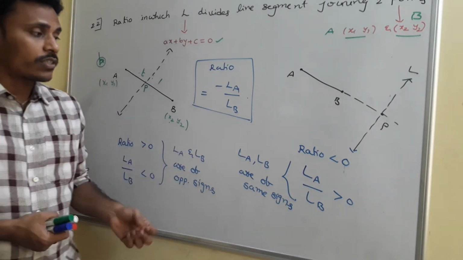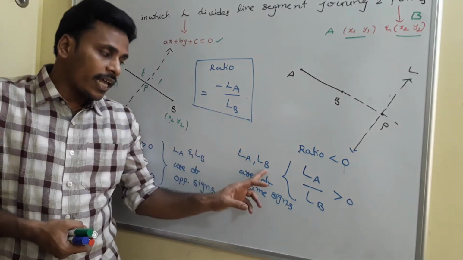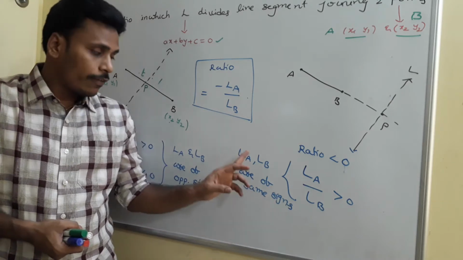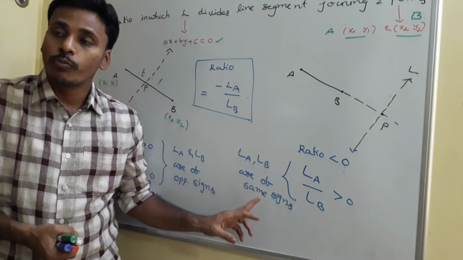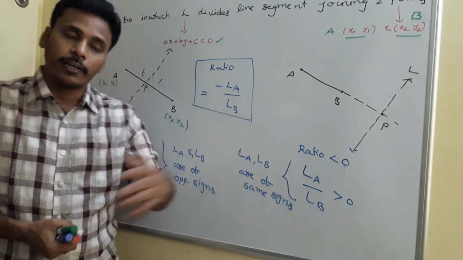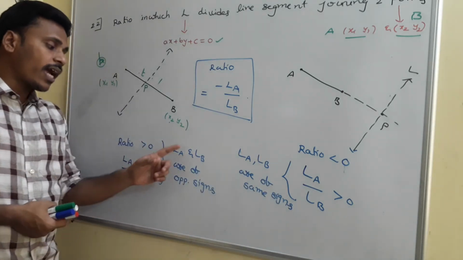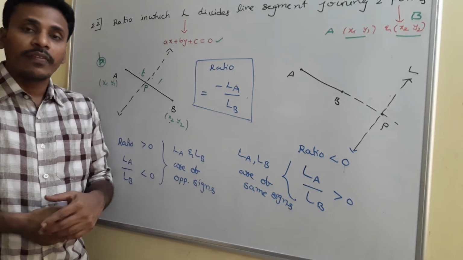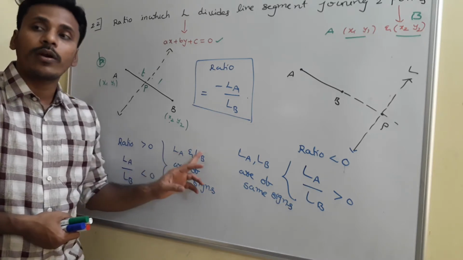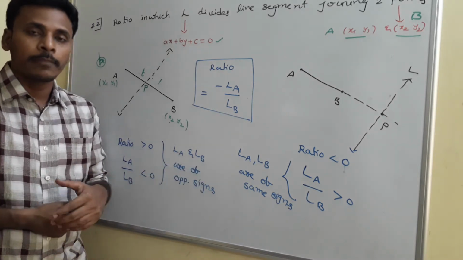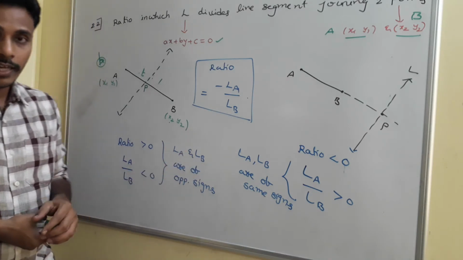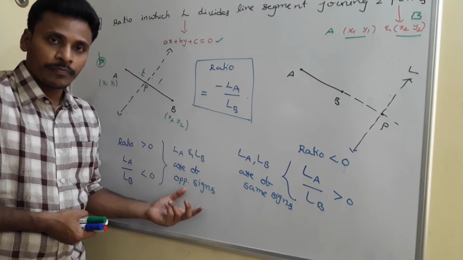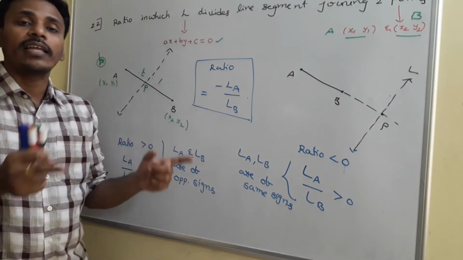So that's why we say that if LA and LB are of the same signs, both positive, then the two points are on the same side of the line. And if LA and LB are of opposite signs, that is, LA is positive and LB is negative, or LA is negative and LB is positive, then the points are on either side of the line.